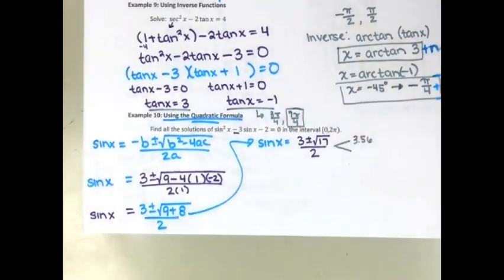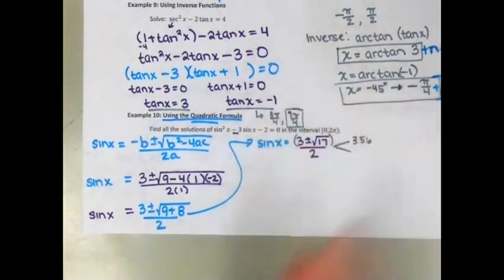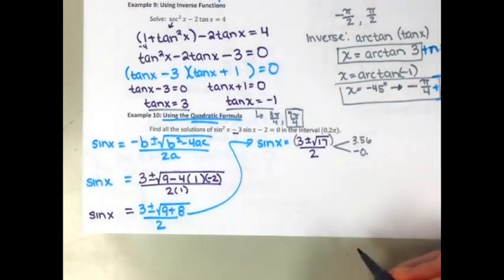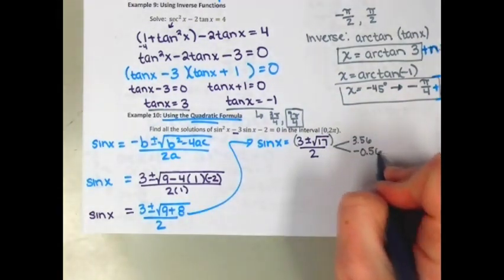You did. I think you forgot parentheses in the top. Because if you didn't put the parentheses in the numerator, you're going to divide square root of 17 by 2 and then add the 3. So always make sure you have parentheses around the numerator. Or if you use your fraction key, the n over d. Okay. What did you get for the minus sign now? Negative 0.56, something like that, right? Good enough.